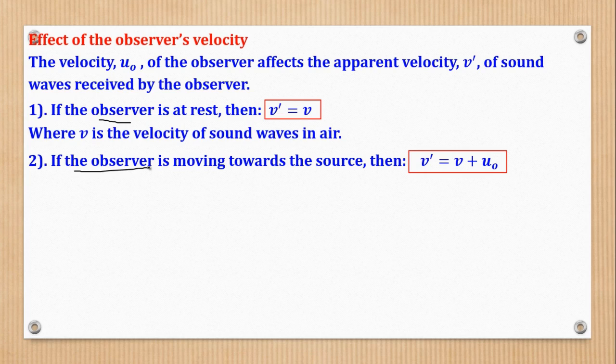But if he is moving, the direction matters. So if the observer is moving towards the source, it implies that the velocity of sound waves reaching him is V plus U naught. So it has to increase. For him moving towards the source, and the sound from the source coming this side, the velocity reaching the observer will increase.